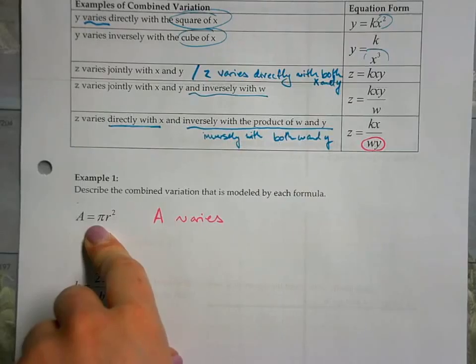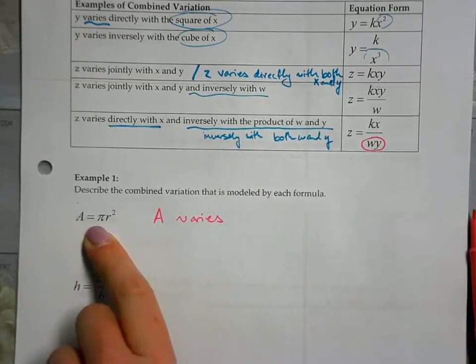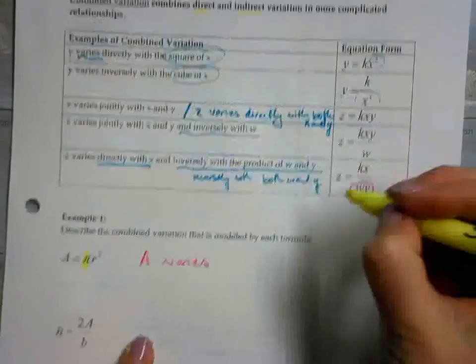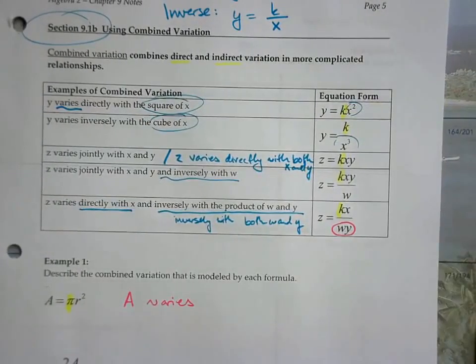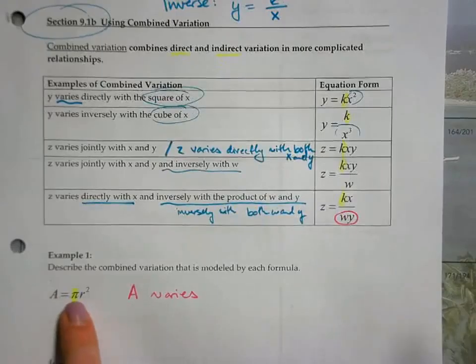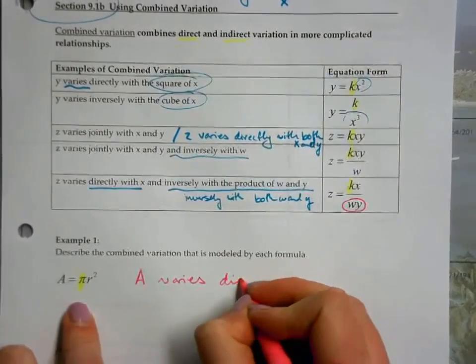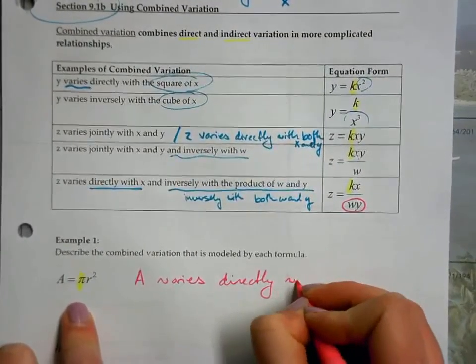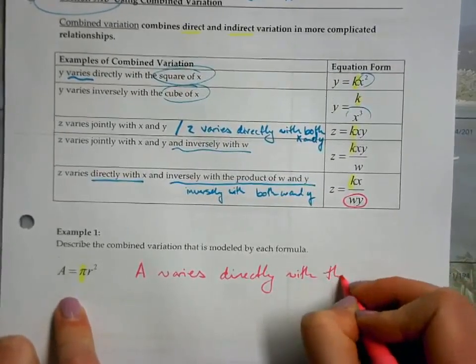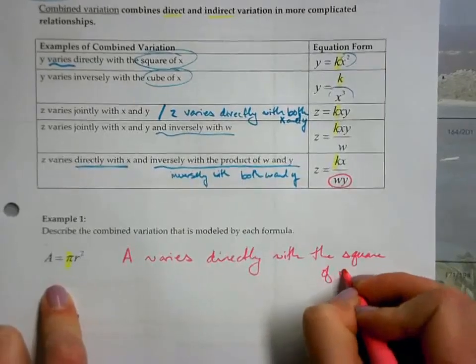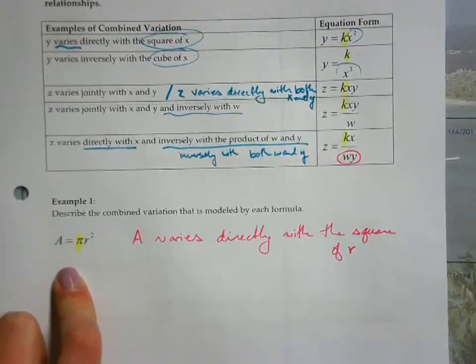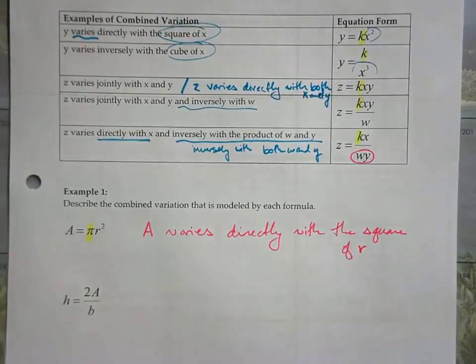It's the 3.14. It doesn't change. It's going to be the same as all your k's up here. Notice we didn't mention k's. We just said what type of variation was happening. So A varies directly with the square of r, or r squared. A varies directly with r squared.